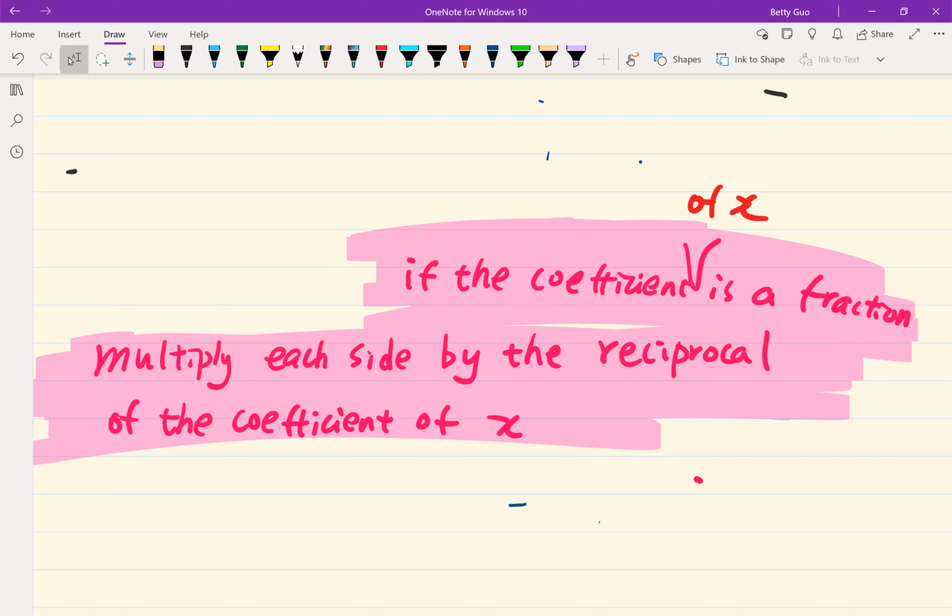I think the English is pretty clear. Even though English is not my first language, I think it's clear logically. If the coefficient of x is a fraction, then you multiply both sides by the reciprocal of the coefficient of x. Let me know when you finish the copy.